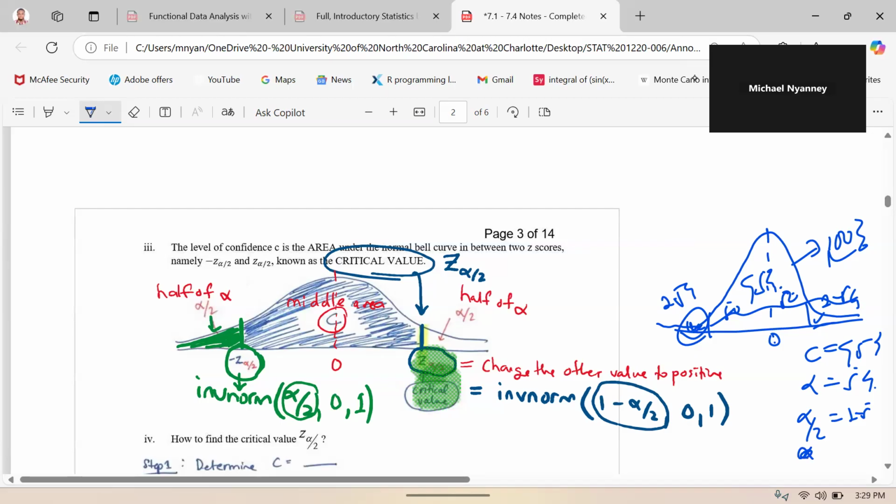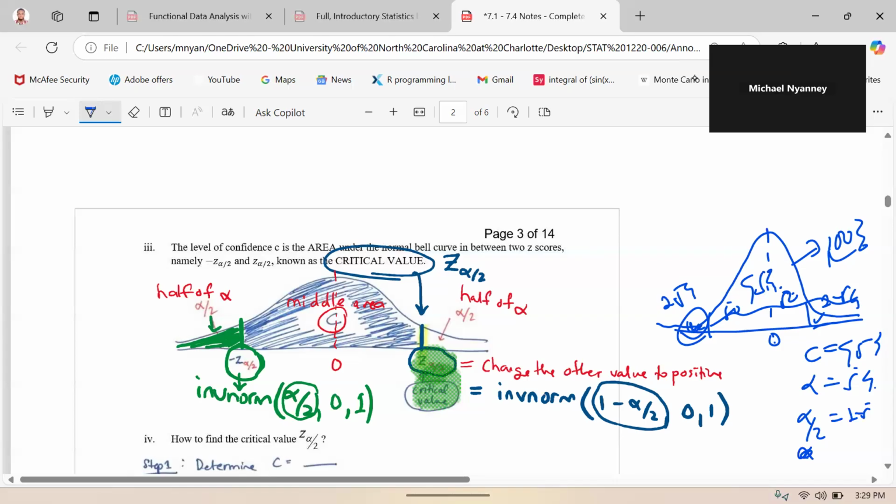Okay. So there is a value that will cut off this alpha over 2. So sometimes we have the z alpha over 2, which is a value that will cut off the alpha over 2 area. So we have the left and we have the right. Okay, so the left will be negative and the right will be positive.